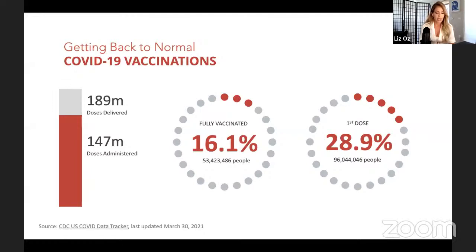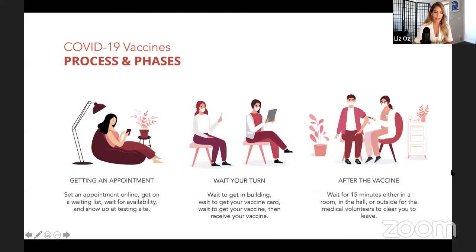The CDC advises that 60 to 70% of people need to receive the vaccine in order to achieve herd immunity. So what can we do to expedite this process? How can computer vision potentially help? Before we answer that, let's take a closer look at the end-to-end process that one has to go through to get a vaccine so we can get a clearer picture. Next slide, please.